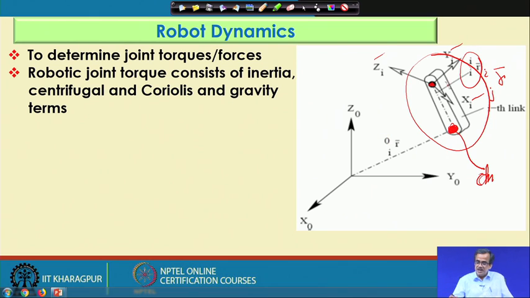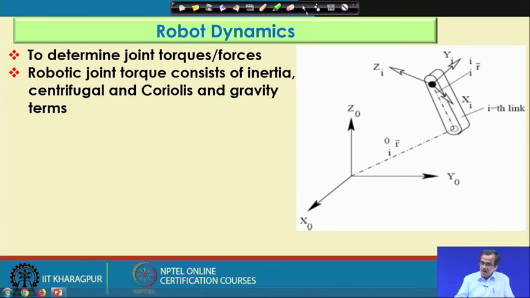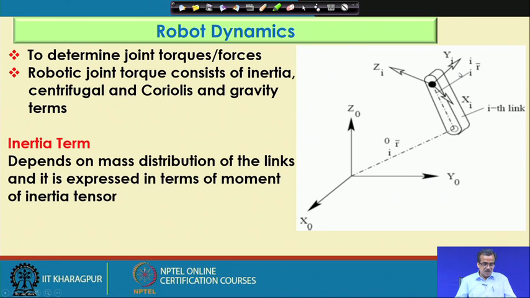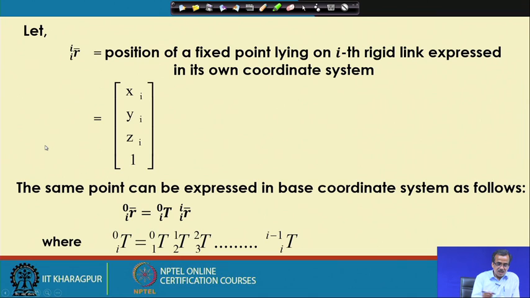So, the same point in its own coordinate system, in its base coordinate system, and we have studied in robot kinematics, and we know how to relate this particular r I with respect to 0 and this r I with respect to I. Now, if you see that particular relationship, I am going to discuss it in the next slide, and in fact, I am just going to concentrate first on the inertia terms.